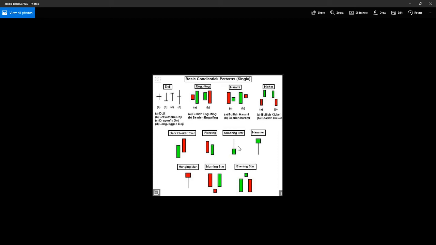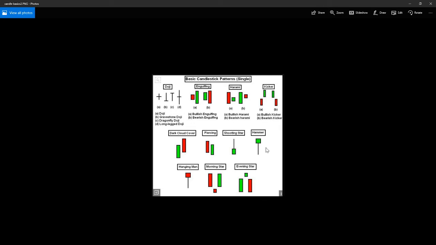I love the shooting star, but I call it a death candle. So the trend is coming up, and then you have this. This means that the sellers have overpowered the buyers in the trend, and more than likely there's going to be a trend reversal and it's going to sell off. It's going to dip. It's going to pull back.